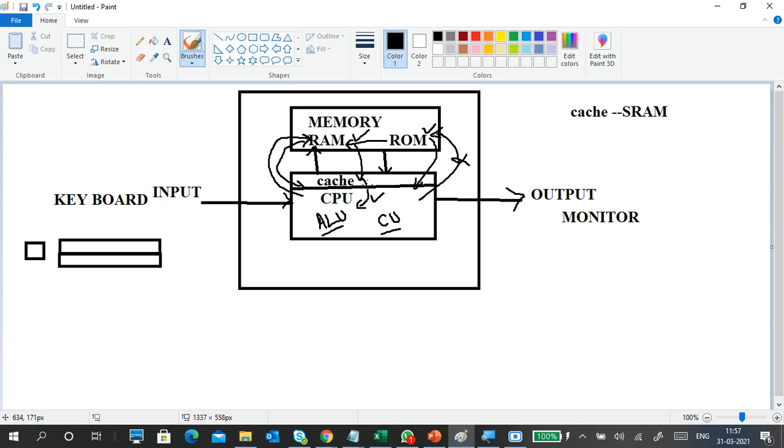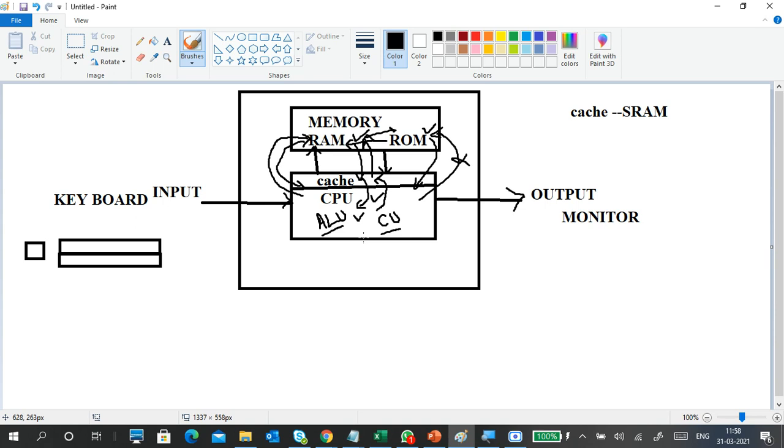So the cache contains data and instructions that load into your CPU. When the CPU is processing, it puts some data into the cache memory. And also the cache memory will write the data into your RAM, and RAM to others.